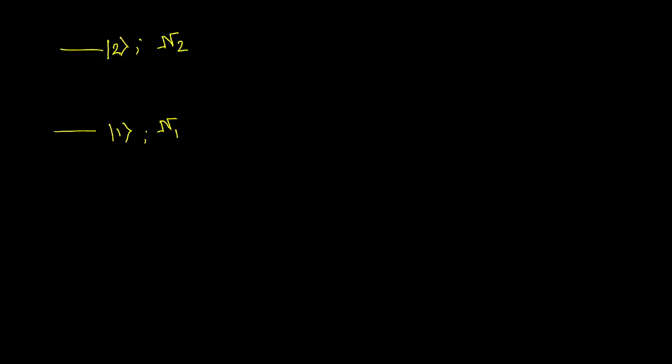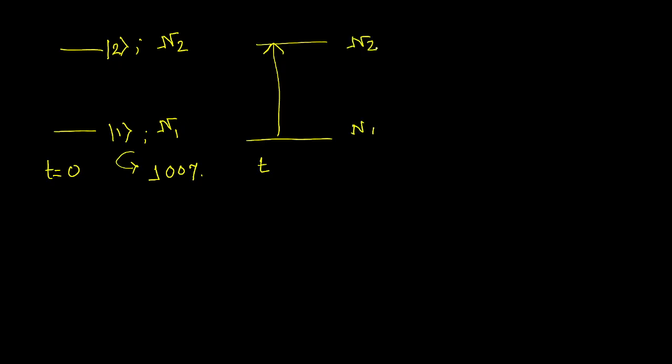At time t equal to 0, all the population is in state 1. Once we excite it, if x amount of molecules are excited, then n1 minus x molecules remain in the ground state.